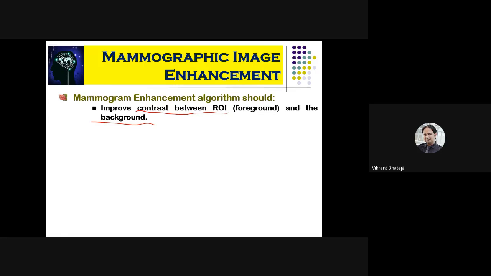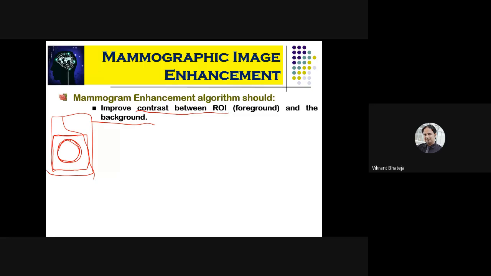Say this is your mammographic image, and over here a particular tumor region exists. If I want to enhance this tumor region, I may not have to take reference of the full image. I may just have to take a nearby region of this image, that is your region of interest.